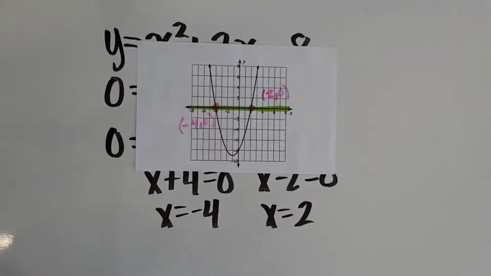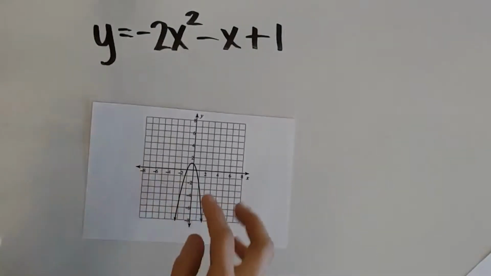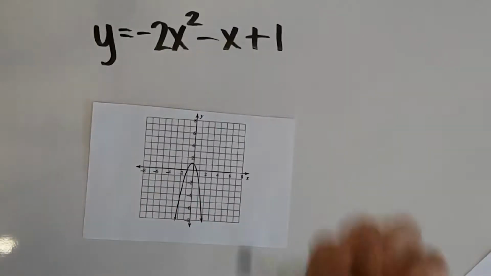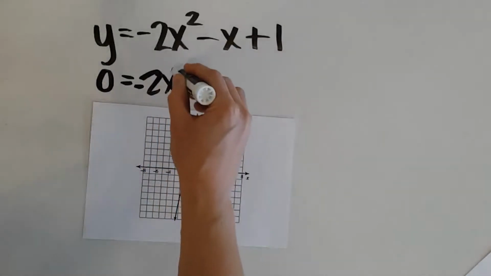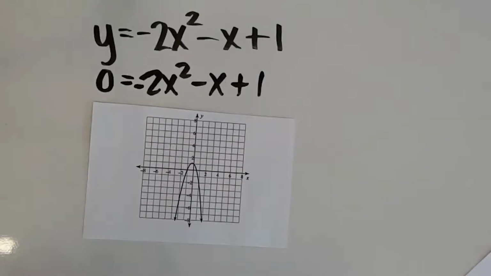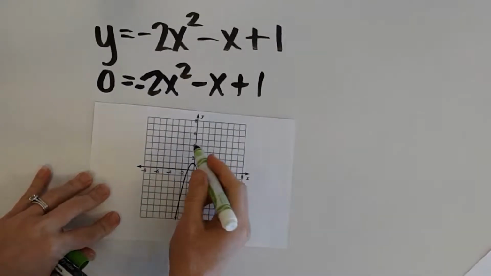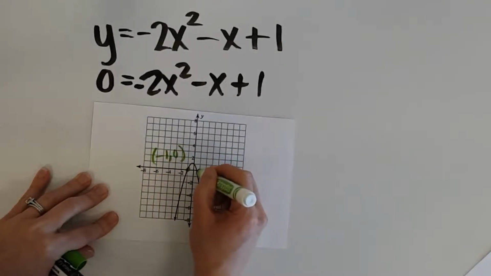So let's take a look at another example. Again, if I'm trying to solve this equation with a graph, we know we're looking for when our y value is 0. So we're looking for the x-intercepts of the graph of our quadratic. Well, when I'm looking at this graph, we can see that our curve crosses the x-axis at -1. And again, right here.